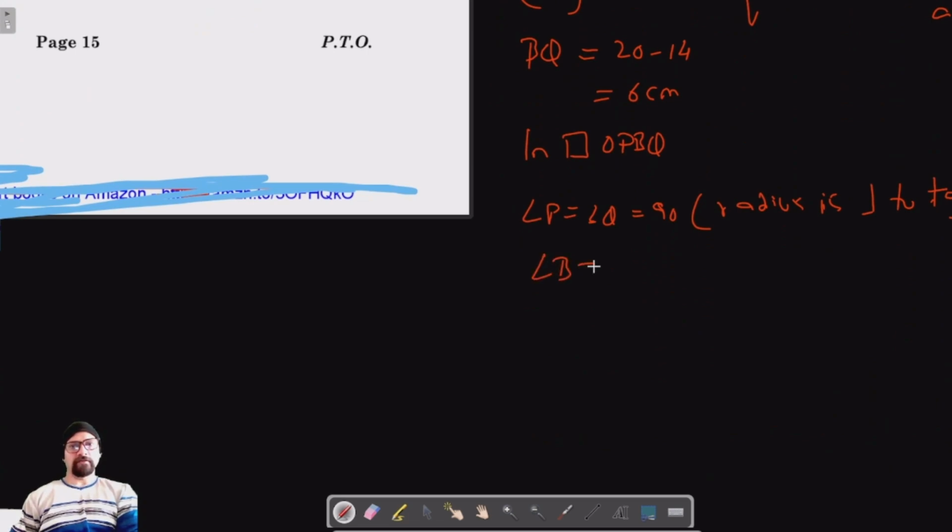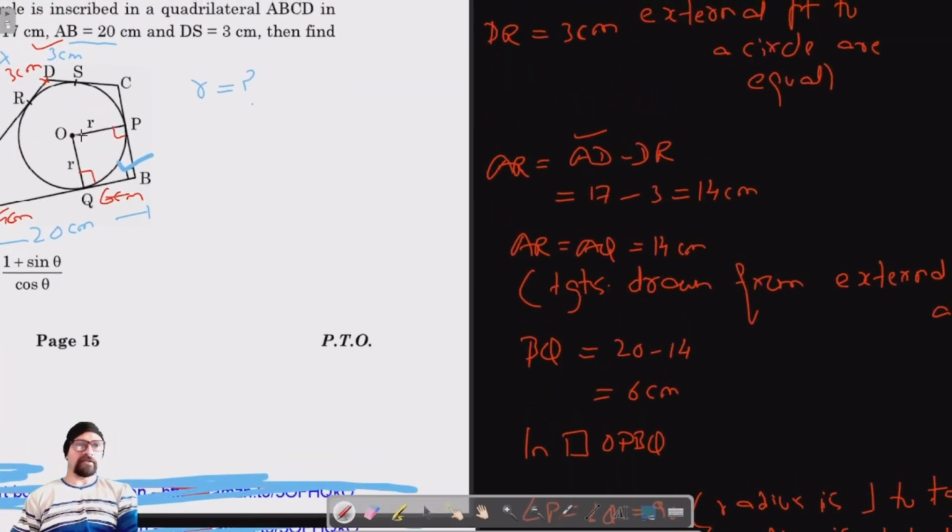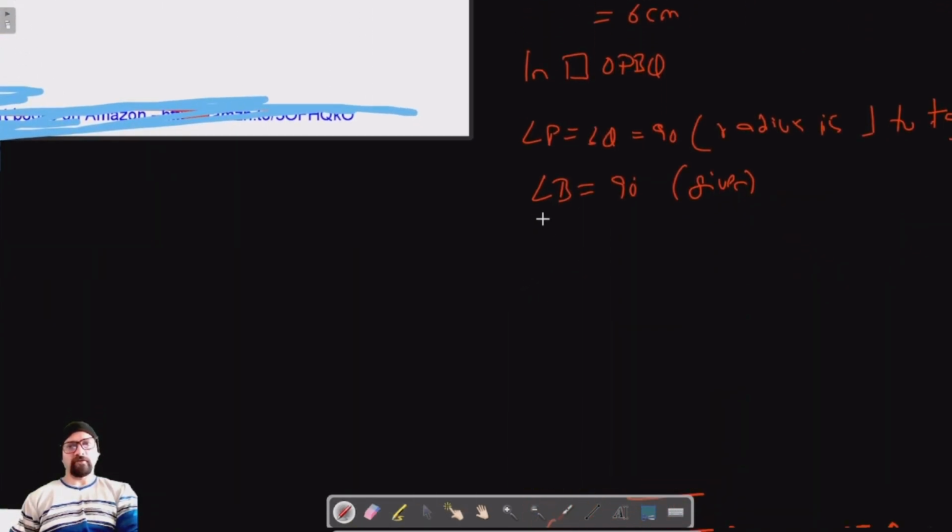Now angle B is equal to 90 degrees, given. So by the angle sum property, we can show that angle O is equal to 90 degrees. We get that by subtracting angle P plus angle Q plus angle B, which is 270, from 360. So this is equal to 90 degrees. We have used the angle sum property of a quadrilateral.